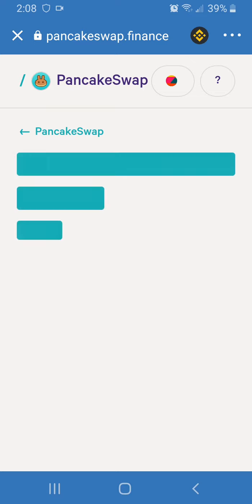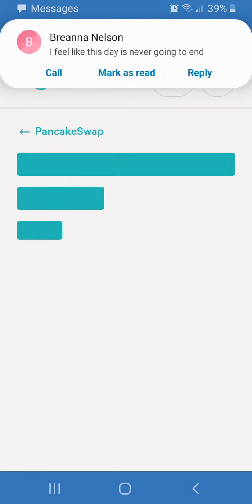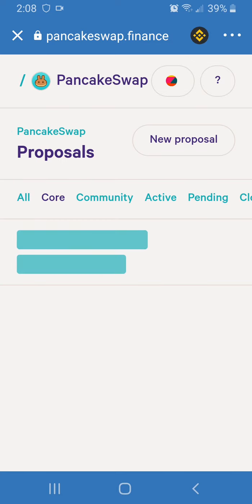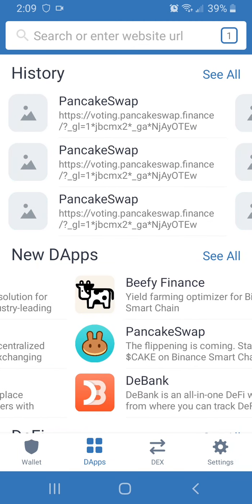So it took me a while to figure that out, attaching a wallet and then seeing that change. And then I figured that you needed to attach a wallet so it could see how many tokens or pancake tokens that you have, so it could see what your voting power is, because you can't vote on a chain that you don't have grease in the game, right? That's the purpose of that, my assumption is.